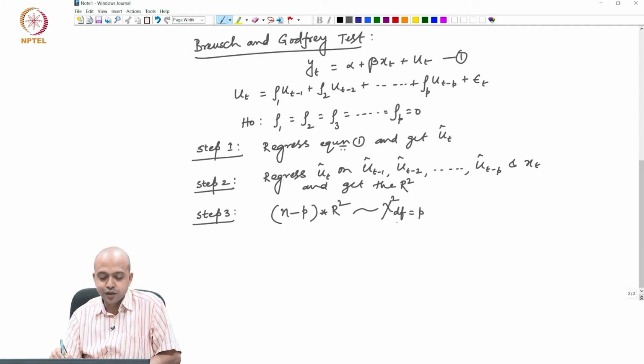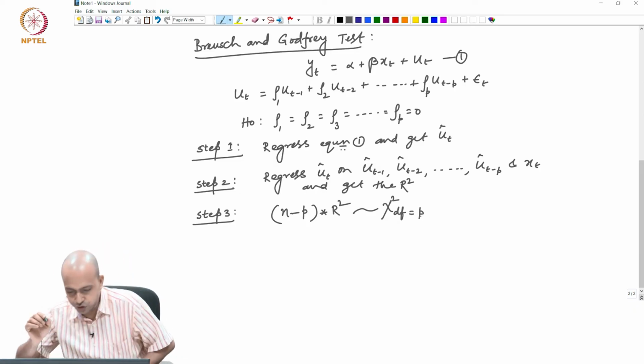If your calculated chi-square is greater than the tabulated chi-square at 1% and 5% level of significance, then you have to reject your null. And what is my null? Null is this. If the calculated chi-square is less than the tabulated one, then you do not reject the null. So, this is the procedure.